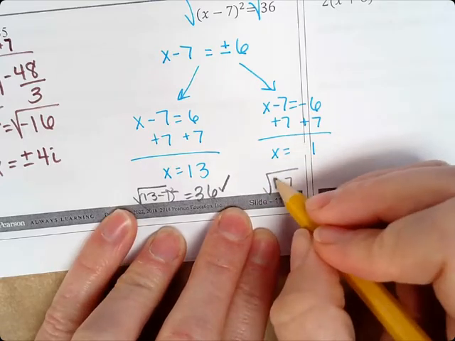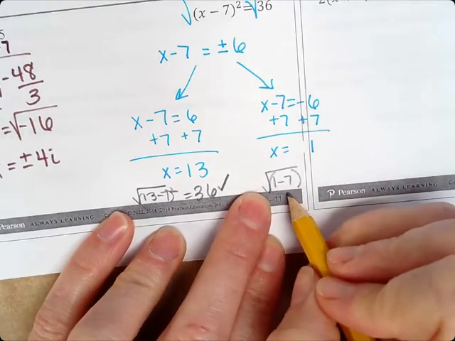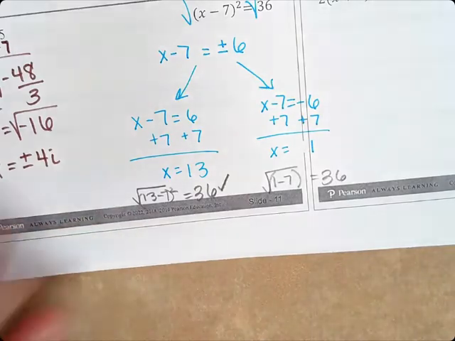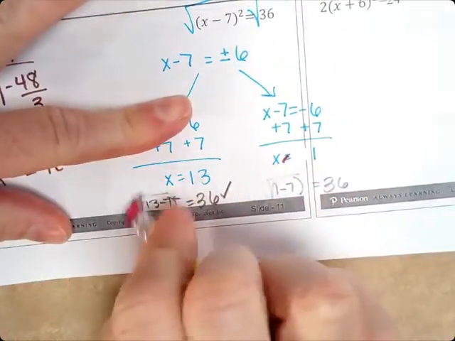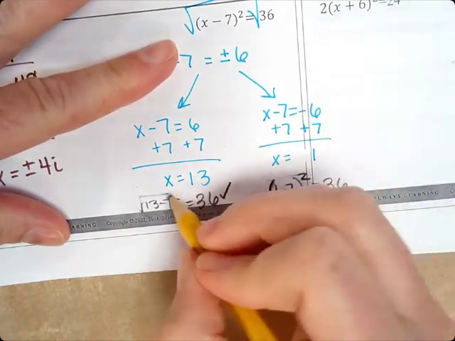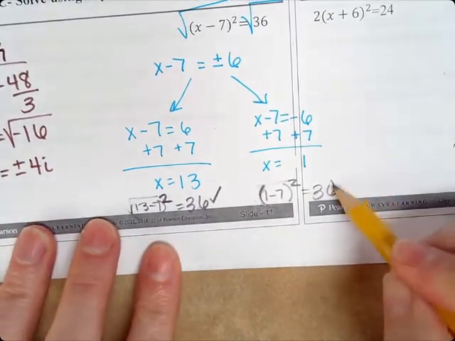I guess I should have actually squared it. That would be negative 6. Negative 6 squared is 36. So that one worked out.